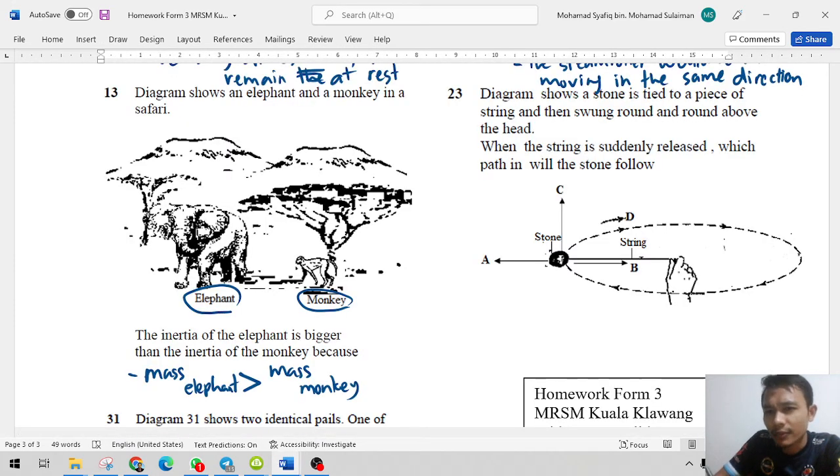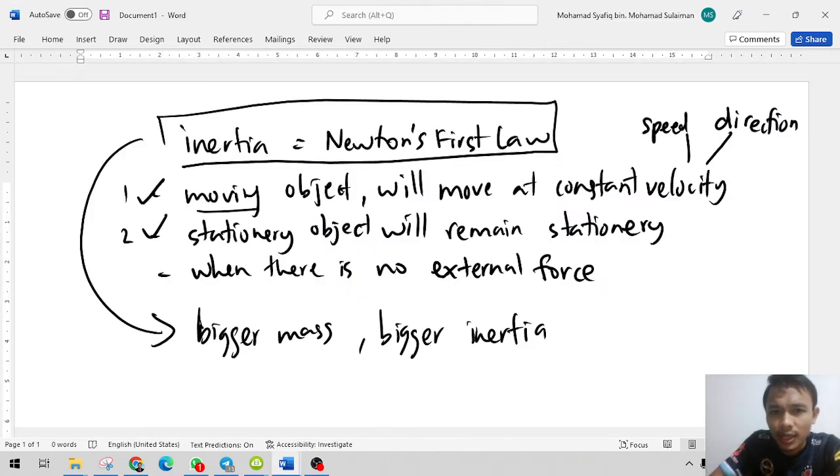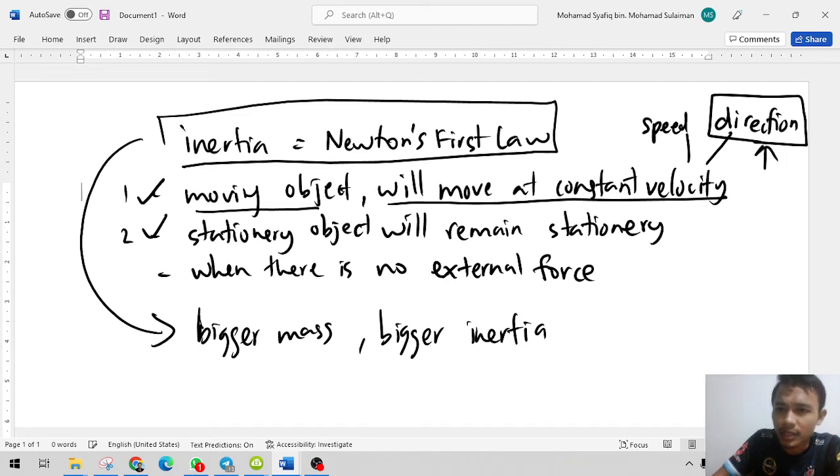Right? So we have a stone. We are spinning it on a string. So when the string is suddenly released, which way will the stone follow? And the answer is C, because a moving object will move at constant velocity, means it tries to keep its direction. Okay, to keep this direction.